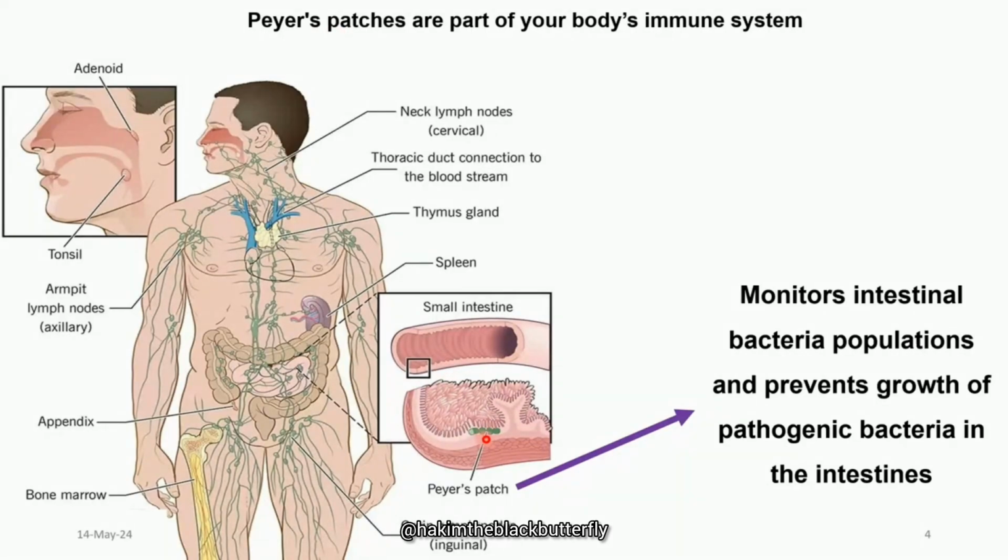These Peyer's patches normally prevent growth of pathogenic bacteria. Remember, within your gut, normally there is good bacteria and bad bacteria. Normally, these Peyer's patches prevent growth of bad bacteria, or pathogenic bacteria, that has the potential of resulting in disease. That's the function of the Peyer's patches. They are part of your body's immune system.